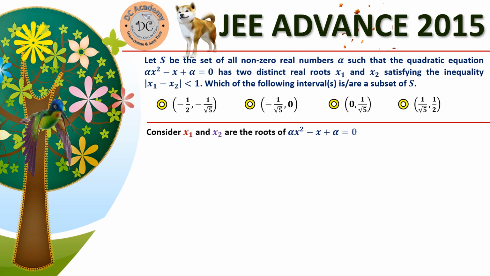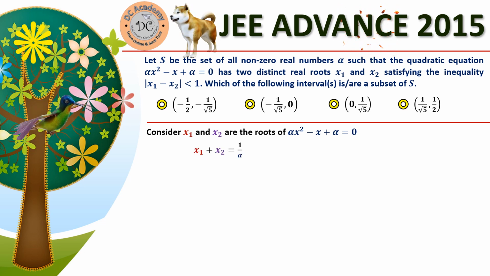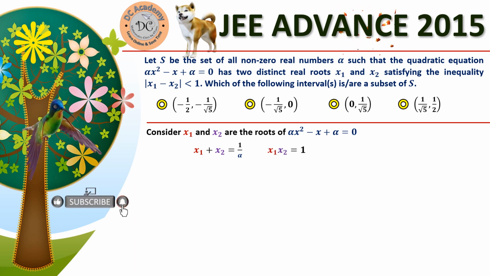Here, x1 and x2 are the roots of the quadratic equation, so we can identify the sum of the roots as 1 by alpha and the product of the roots as 1. Now we have to find the value of mod of x1 minus x2.